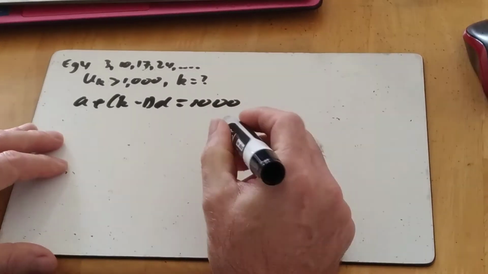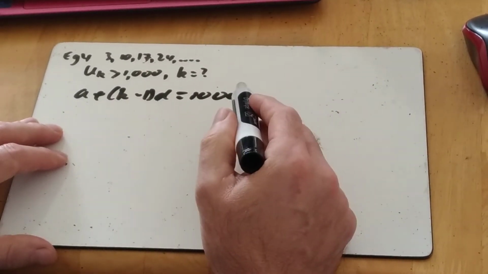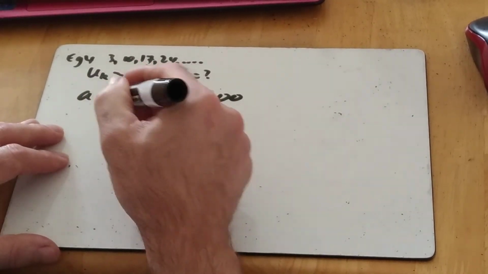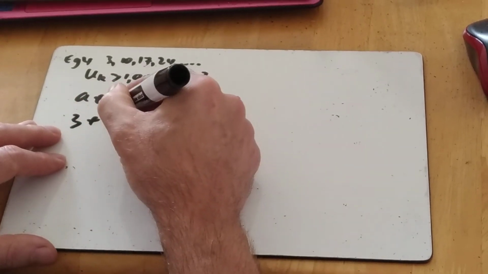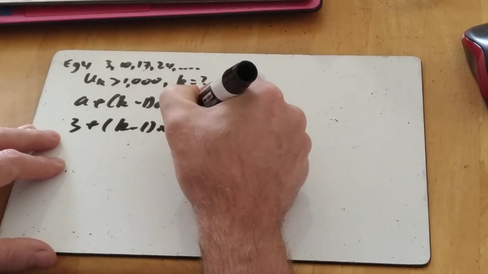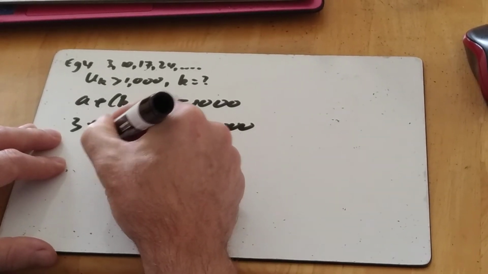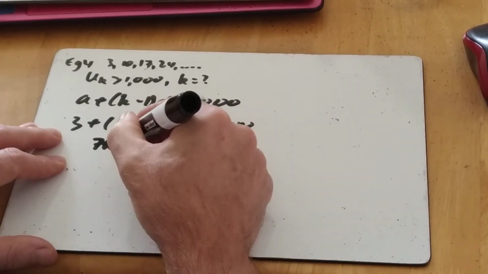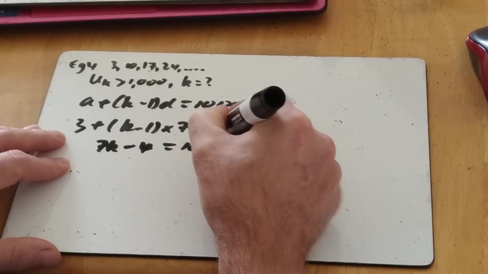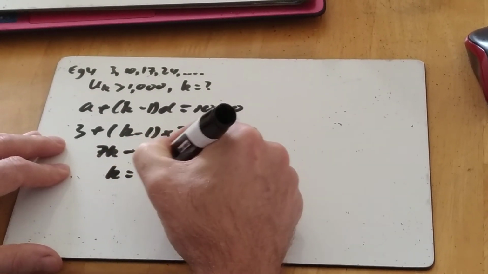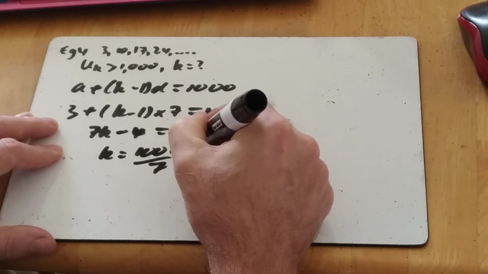I'm probably not going to get a whole number answer, so I'm going to have to round up no matter what the answer is. So stick in 3 plus (k minus 1) times 7 equals 1,000, and then 7k minus 7 plus 3 is 7k minus 4 equals 1,000, k equals 1,000 and 4 over 7.